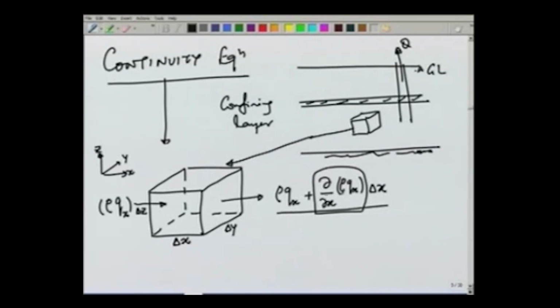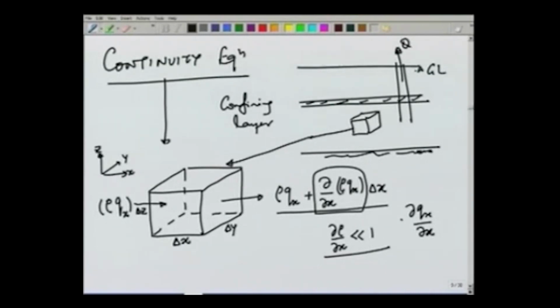So, when we take der by der x, we put rho inside the derivative, but typically the variation of rho is very small with respect to the other term, which is del qx by del x.